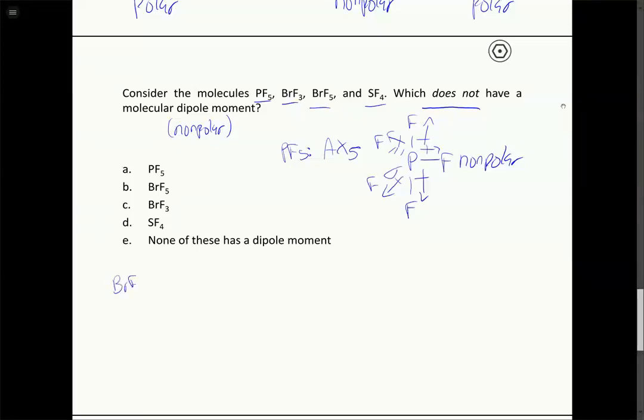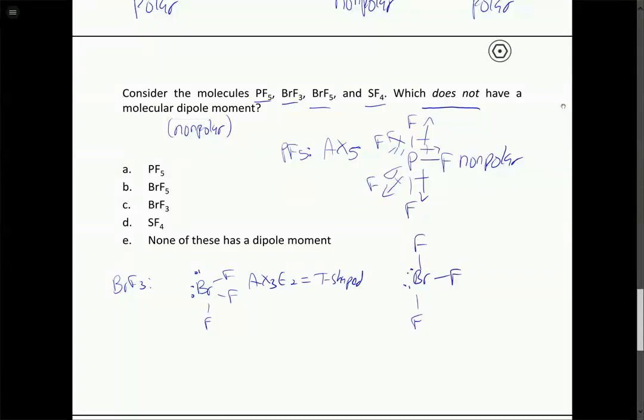BrF3 though, when we draw the Lewis structure for this, we get AX3E2, which is T-shaped. So drawing it more accurately, we get sort of this geometry with the lone pairs on the central atom.